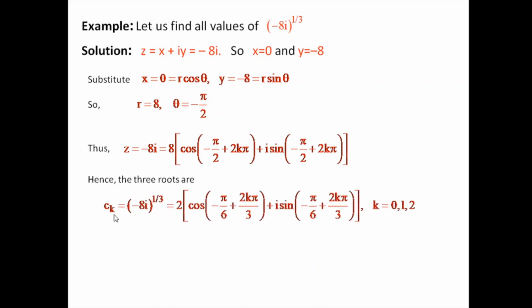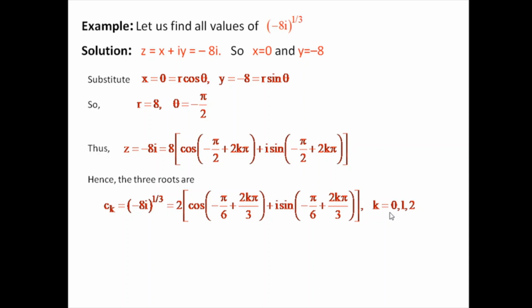The roots, which are written as c_k here, earlier w_k, are the third roots of this, so it's 8 raised to power 1 by 3, which is 2, times cosine of 1 by 3 of this, so minus pi by 6 plus 2k pi by 3, plus i sine of minus pi by 6 plus 2k pi by 3. Since the power is 1 by 3, k must vary over 0, 1, 2. So the three values of this third root will be c0, c1, c2 by substituting k equals 0, 1, 2.